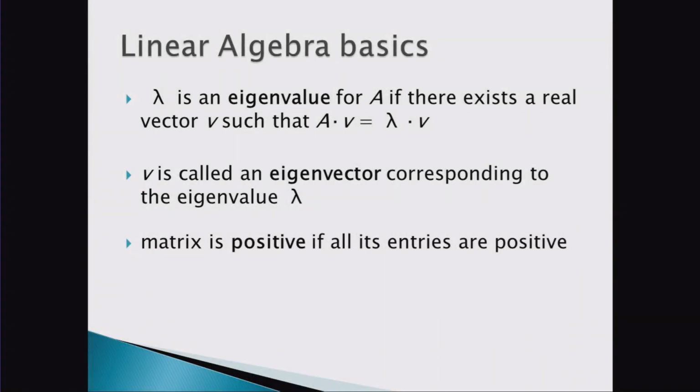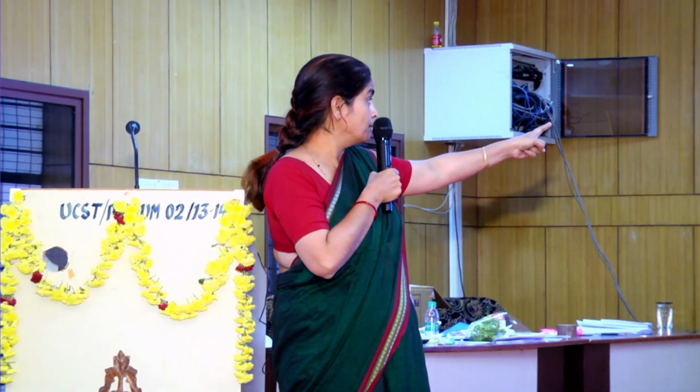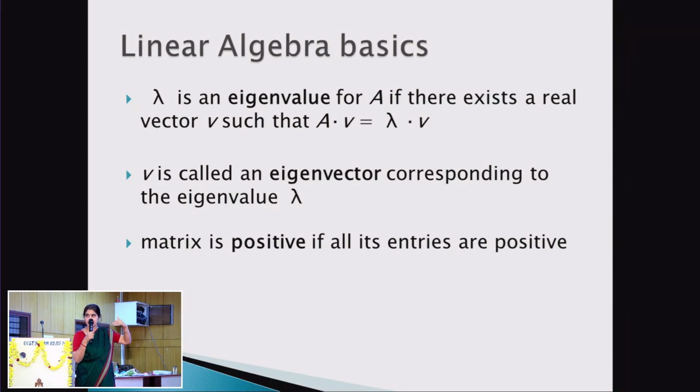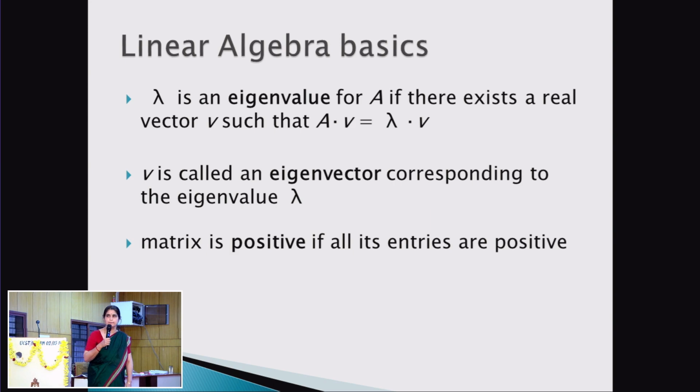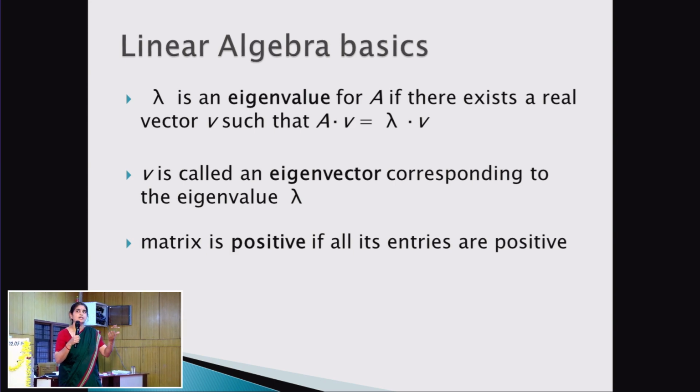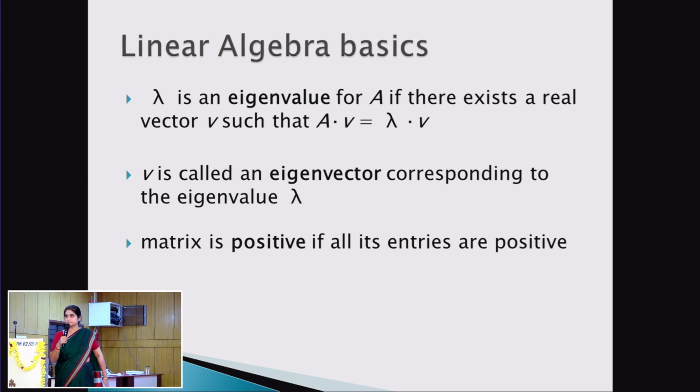So you get an upper bound. It can't be more than the minimum of them. So what will be the upper bound for this? Tell me. Column sums, 1. So lambda will be maximum 1.